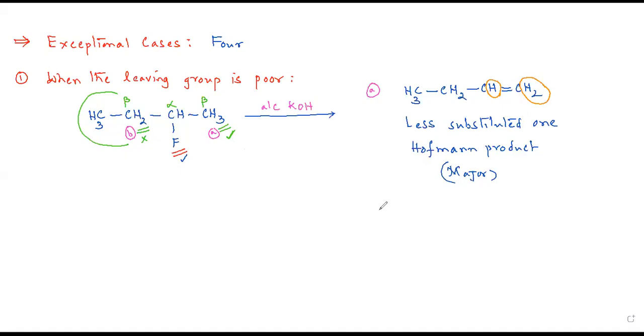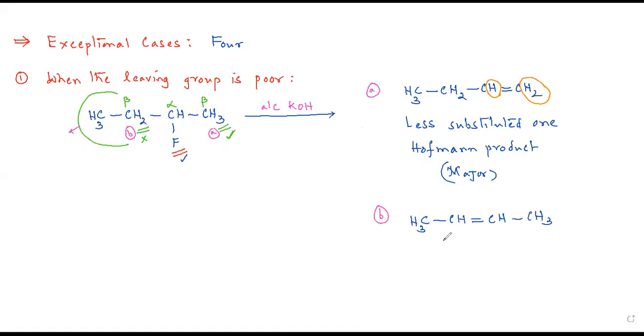Then this B, because of this steric hindrance, the bulky group, the larger methyl group that is present, removal of this beta hydrogen is a little difficult when compared to the first one. Now we get this.